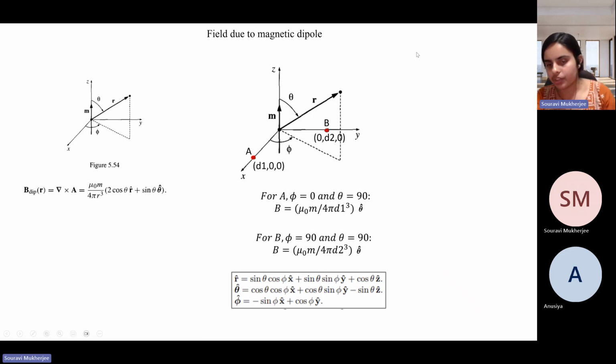This is something which can be there in your assignments, where you have some magnets and there's some field at some point, and you are asked how the field will be at some later point. If the field is specified at some point, you can use this formula to get the value, and then compare it with the field point where you are asked to find the field. So it's similar to what is being done here. Small magnets can be thought of as a magnetic dipole. Okay.